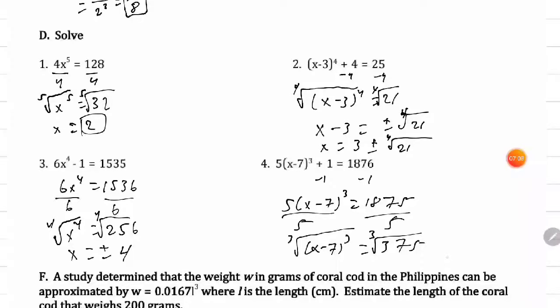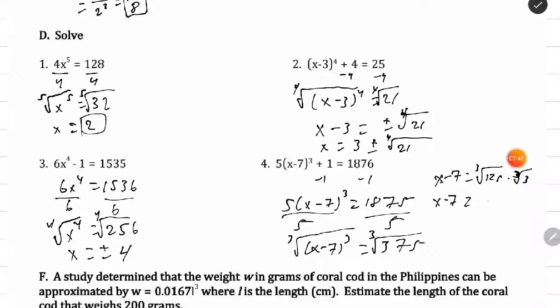So this one's not as nice. But we're going to look at our chart here and see what 375 breaks down into. And we notice that it breaks down into 125 and 3. So this is going to be x minus 7 still.